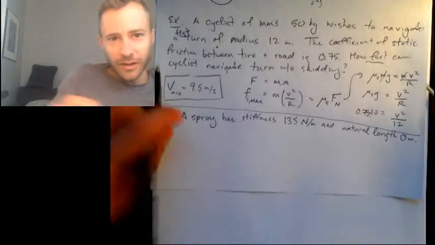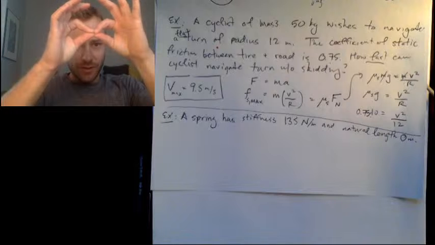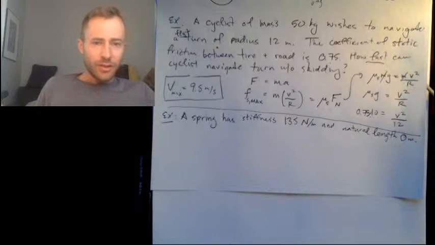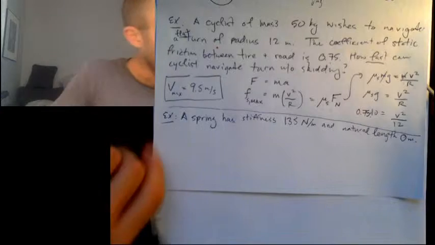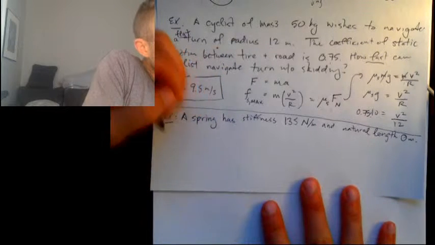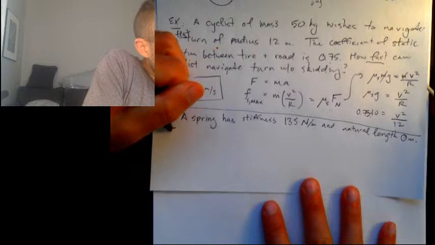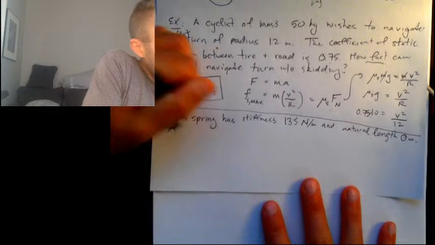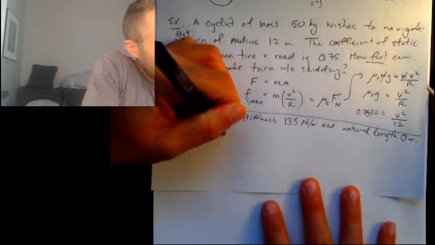So this is like a spring that if you let it go, it literally contracts down to nothing. That's somewhat unrealistic. All springs have a natural length. Let's say a 5 kilogram mass is attached to the end.